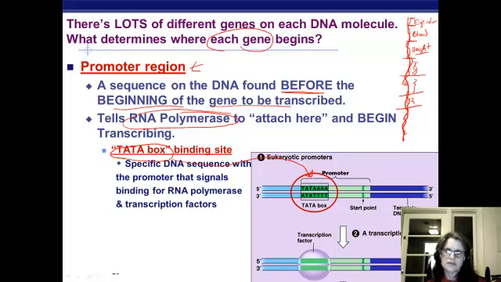This is what tells the RNA polymerase molecule, plus these things called transcription factors, which help the RNA polymerase bind. If you'll recall, back when we talked about hormones, we talked about those lipid-based hormones, like cholesterol-based hormones, that can get into a cell and go into a nucleus.